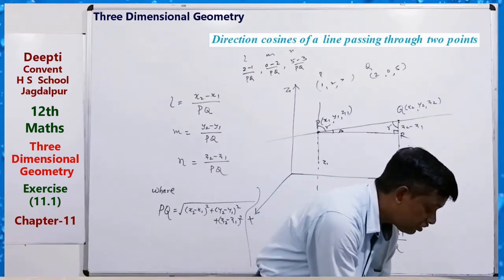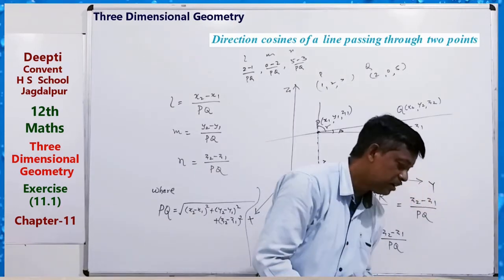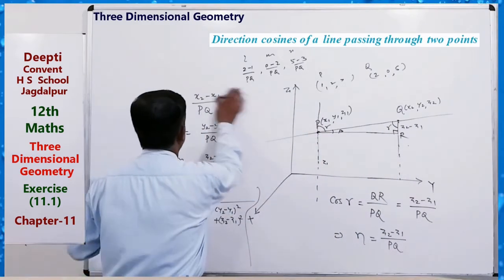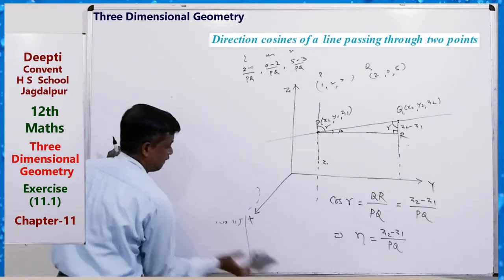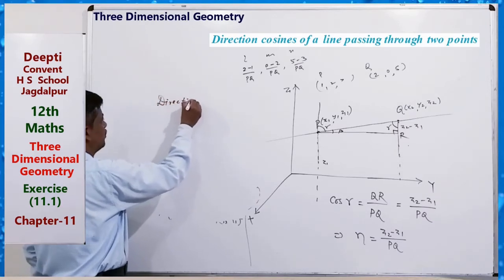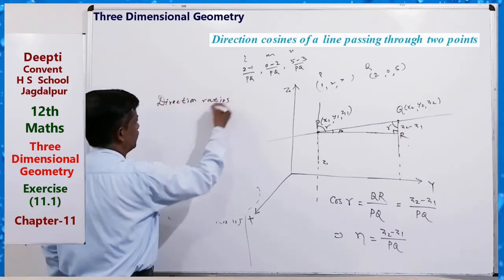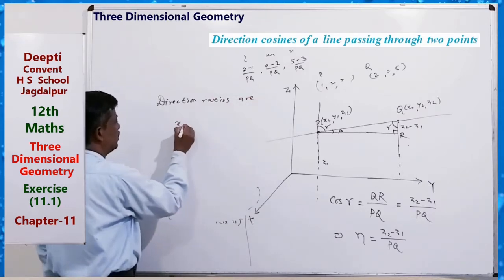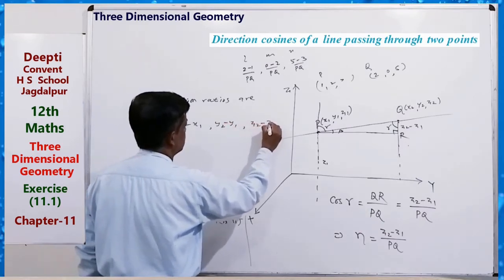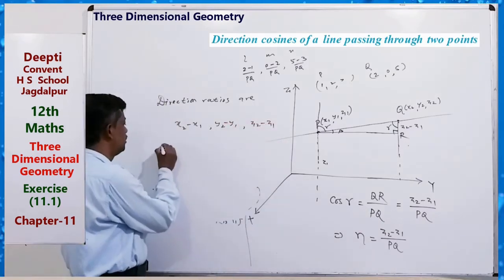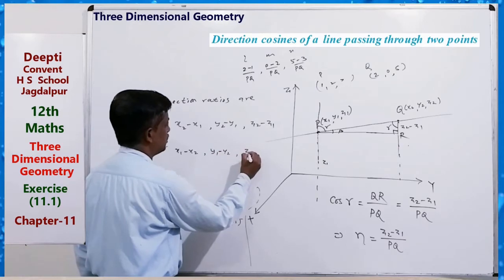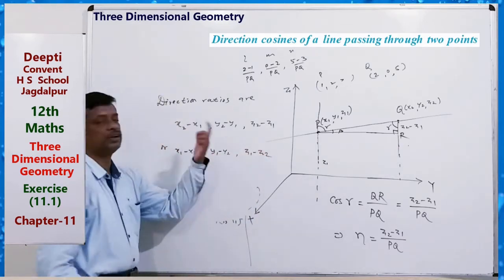So the direction ratios are x2 minus x1, y2 minus y1, and z2 minus z1, or x1 minus x2, y1 minus y2, and z1 minus z2. These are the direction ratios.